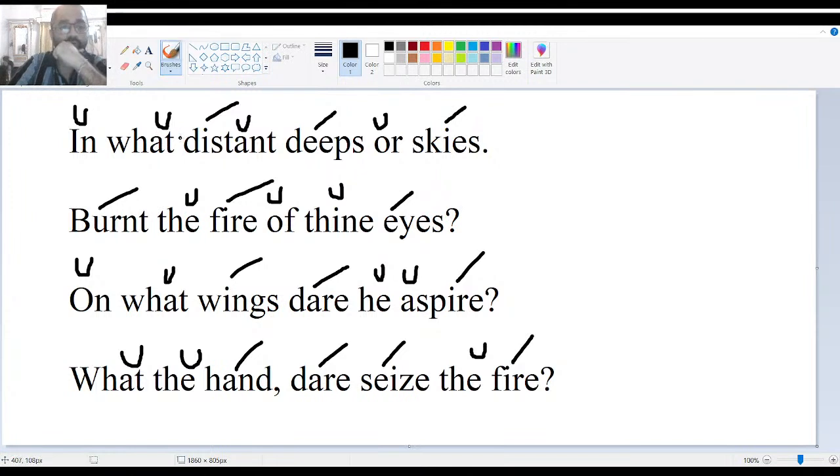We are looking for trochees. We have to isolate them. We have to find as many trochees as possible.